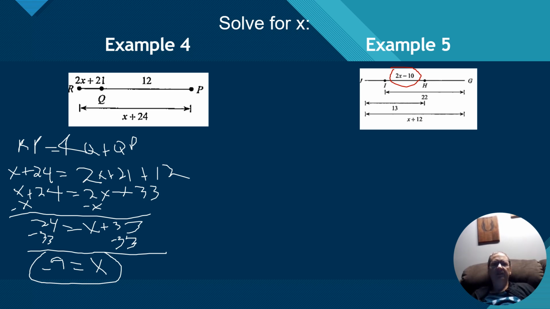So if I were to add the 13 and the 22, I would have the whole segment, but it would be too much by that IH. So if I take those two and add them and I subtract the IH back out, I will get the entire segment. So that's how I'm going to set up my equation. So my entire segment is x plus 12.